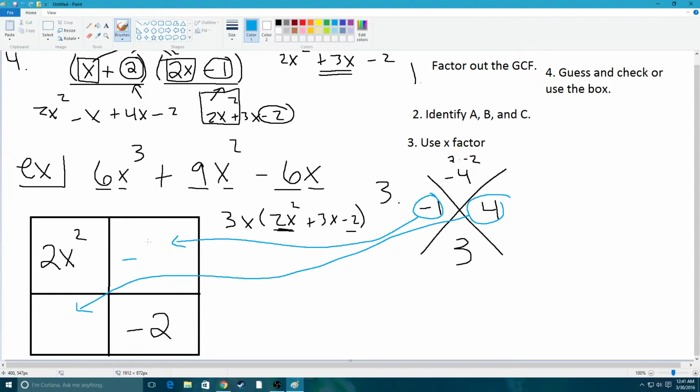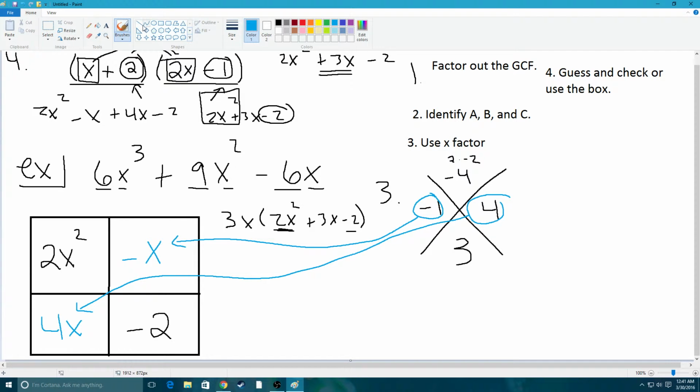So negative x would go here, negative 1x, and a positive 4x would go here. Or you could switch the order. The order doesn't matter. Okay, but just know that those numbers, you get those numbers for a purpose. You got to put them in this little box.